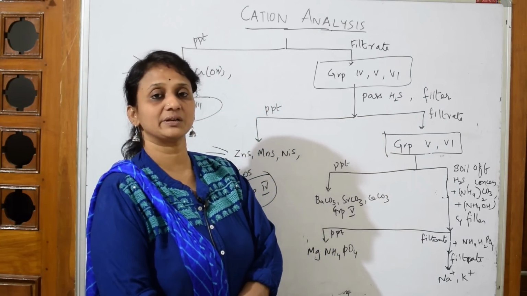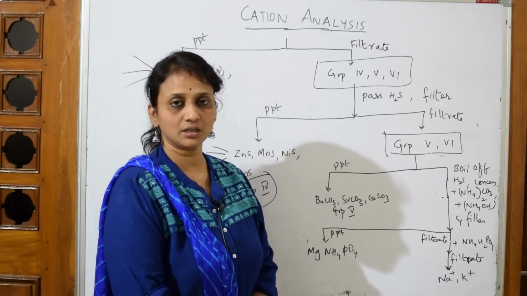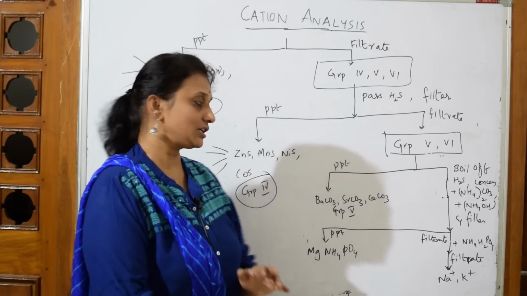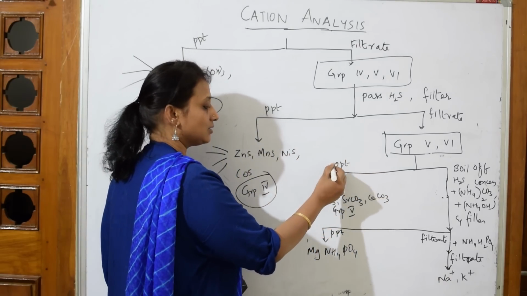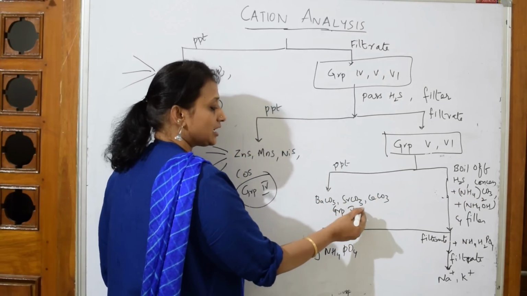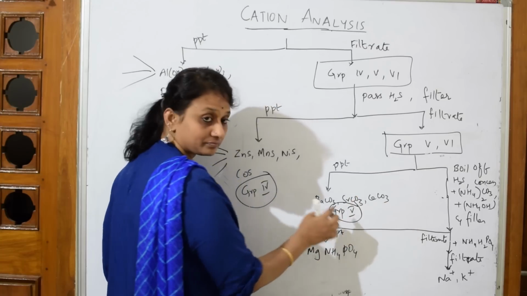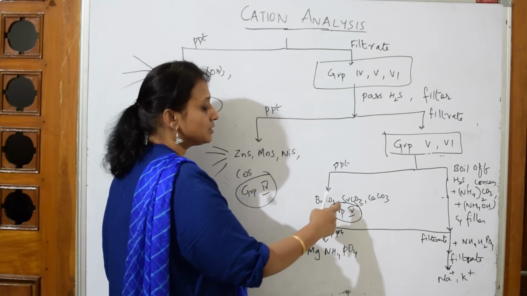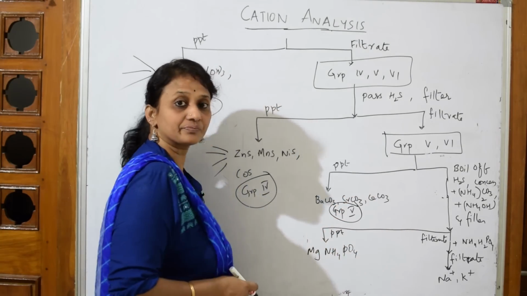After adding the group reagent, if I observe a precipitate, I'll filter it. If you get a precipitate with these, it may contain group 5 cations. What are they? Barium, strontium and calcium.